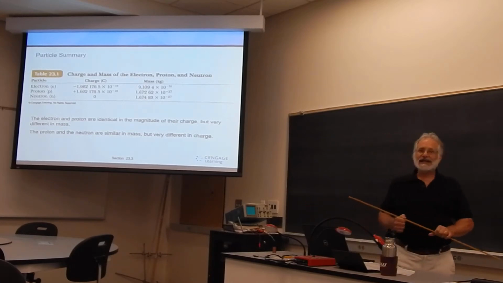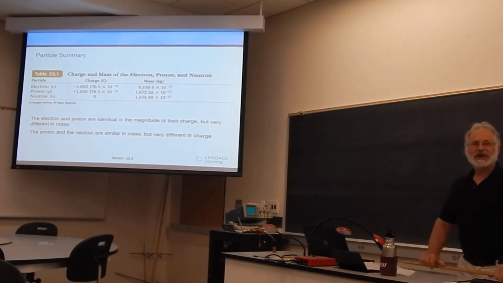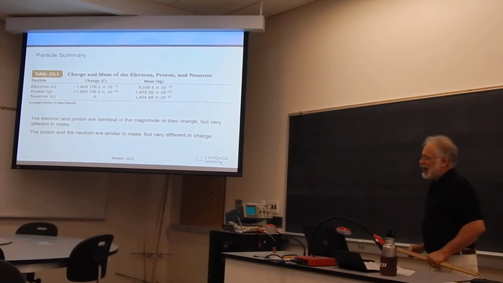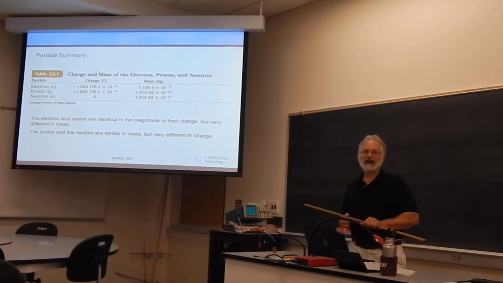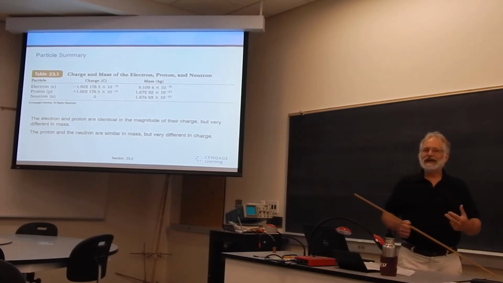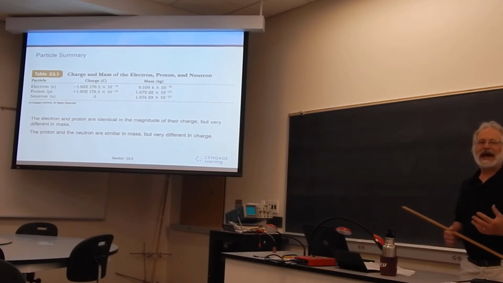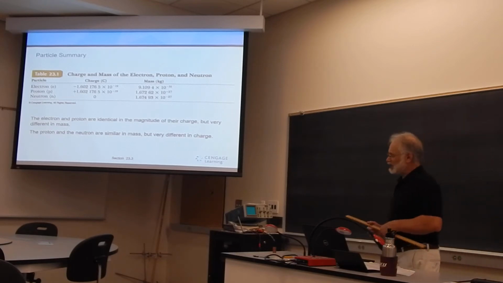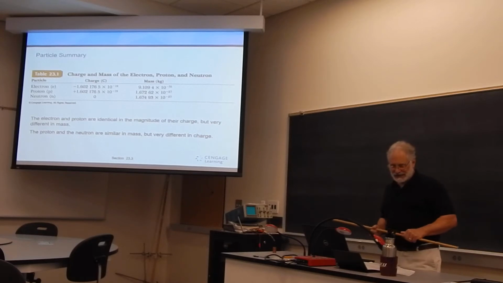The reason is that in nature there's something called the strong nuclear force that binds the nucleons in a nucleus together. The nuclear force is about 100 times stronger than the electrostatic force, but it only acts over very, very short distances. But that's what holds this positively charged nucleus together.